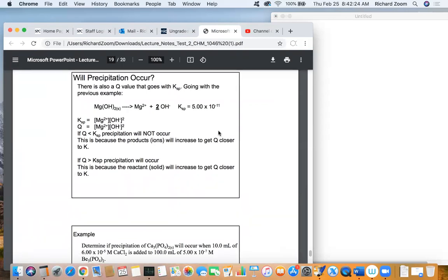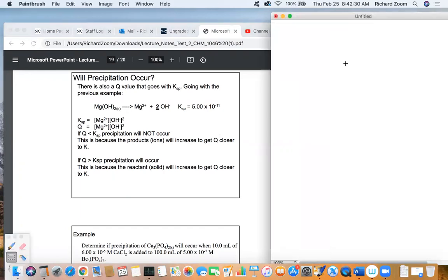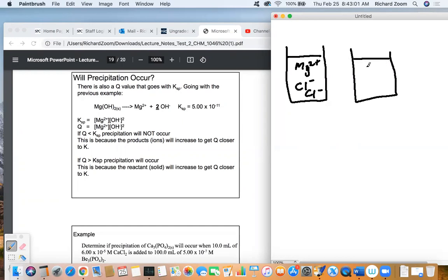So one other question that we can ask is whether precipitation will occur if we take, for example here, a solution that contains, say, Mg2+ and Cl minus and Cl minus, and we'll say sodium hydroxide, Na+ and OH minus.